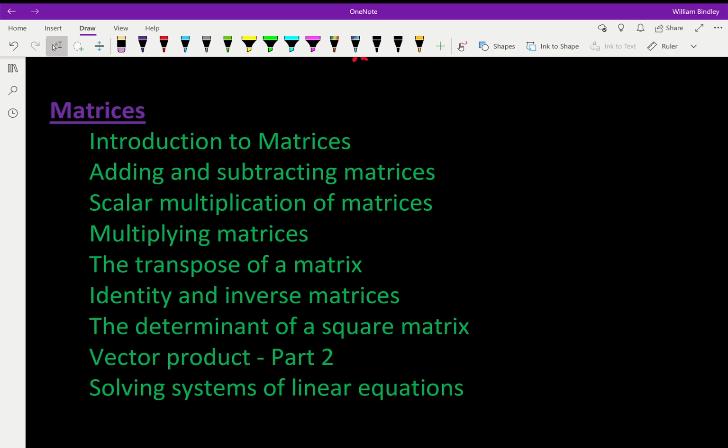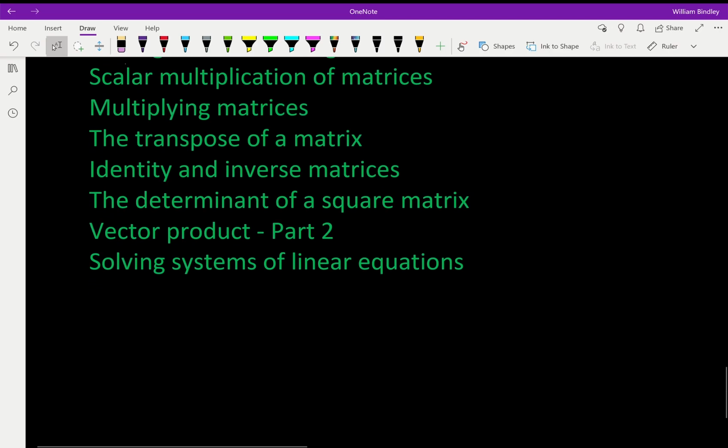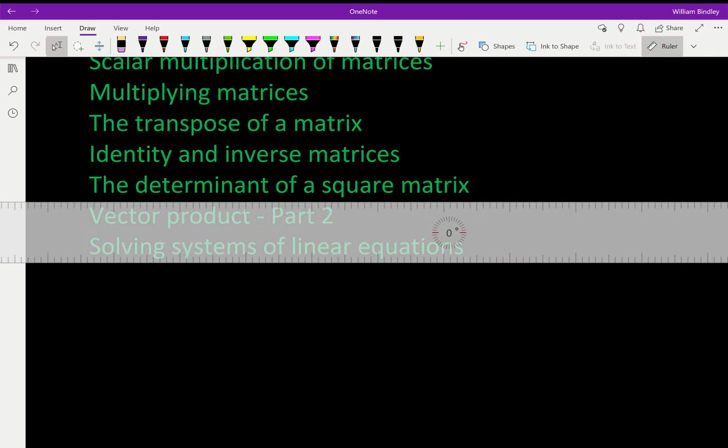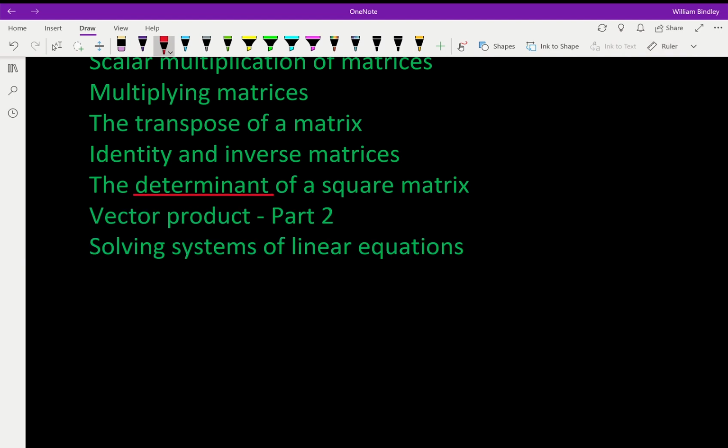I'll talk about adding and subtracting them, the scalar multiplication of matrices, multiplying matrices, the transpose of a matrix, identity and inverse matrices, the determinant of a square matrix, and actually I will give a brief mention here of what a determinant actually is geometrically, okay, because determinants are not just some number that you can calculate from a matrix, they actually have an important geometric interpretation which is often not mentioned in mathematics classes.